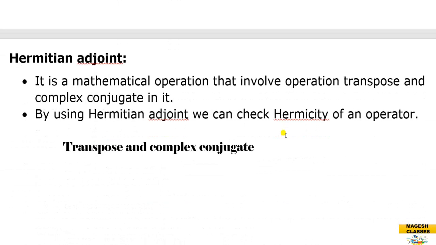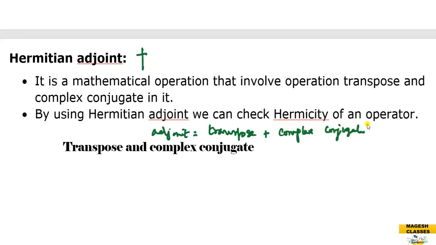Then what is the Hermitian adjoint? It is a mathematical operation that involves the transpose and the complex conjugate. The adjoint is indicated by the symbol dagger. Simply say, the adjoint is equal to transpose and complex conjugate. So what is the use of this?